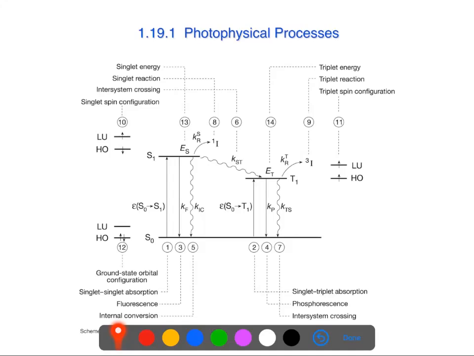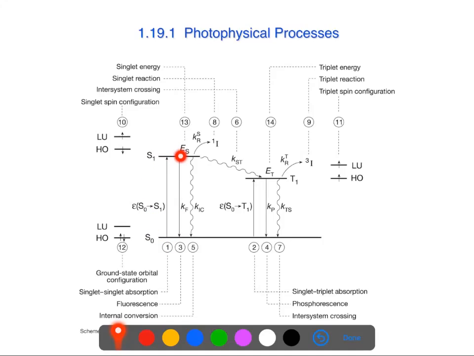molecular orbital. Now, the other details that are being shown are with respect to transitions or processes, photophysical processes that occur between these states. Solid lines represent radiative transitions. These involve either the absorption or emission of a photon. And that's shown here. We have absorption between the S0 and S1.